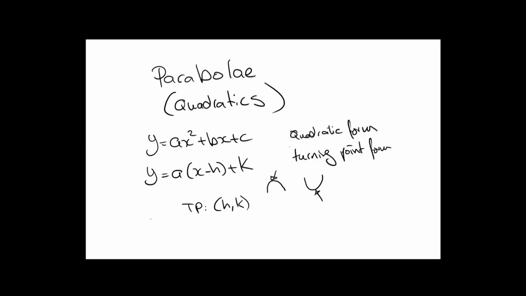That also means that the line of symmetry is at x equals h. The line of symmetry for this one here would be a mirror line that goes through that turning point. Again, if a is greater than 0, it's going to look like that. If a is less than 0, it's going to look like that.